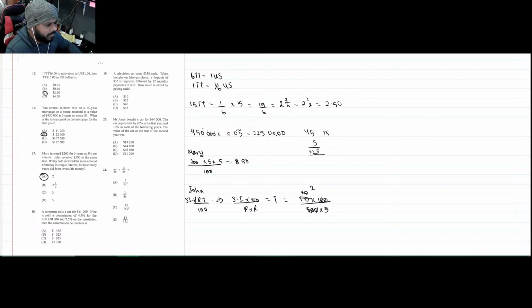A salesman sells a car for $11,000. If he is paid a commission of 4.5% for the first $10,000 and 7.5% on the remainder, then the commission he receives is, so for the first $10,000, he got 4.5%.